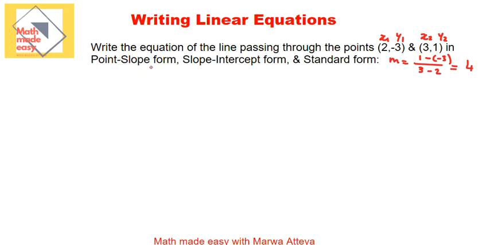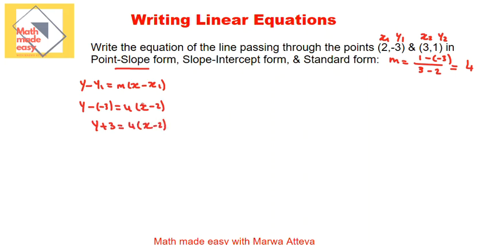So if I want to start with the point slope form, I know that it's y minus y1 equals m multiplied by x minus x1, and I'm going to start substituting. Y minus negative 3 equals 4 multiplied by x minus 2, and we can just simplify, saying that y plus 3 equals 4 multiplied by x minus 2. This is it, nothing else to do.